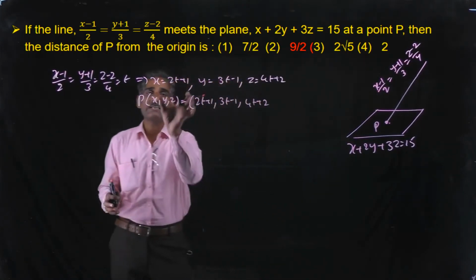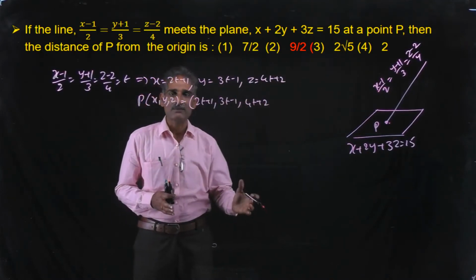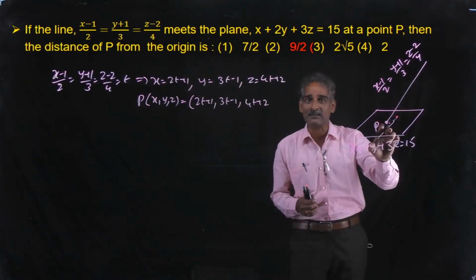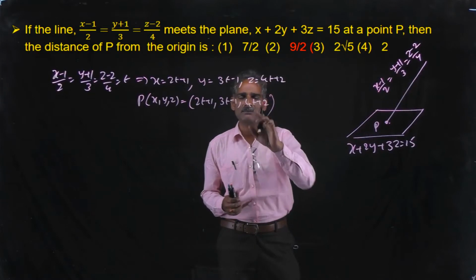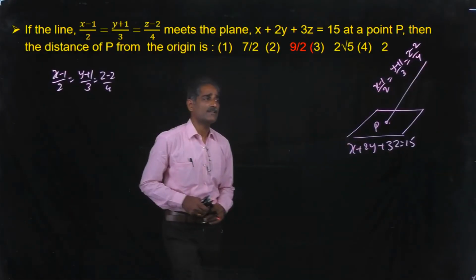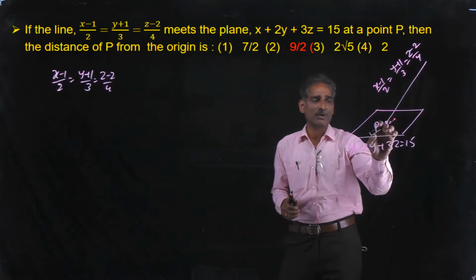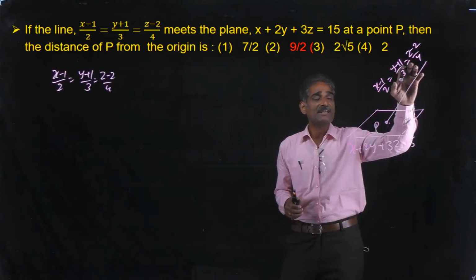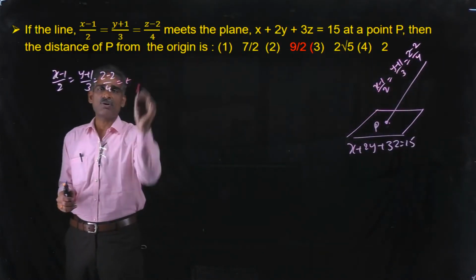So clearly this is the general point on the line, but we have to find the point which lies on both the line and the plane. This is the equation of the line, this is the equation of the plane. First of all, we have to find the point of intersection of these two. Find the general point on the line. Let it be some constant t.